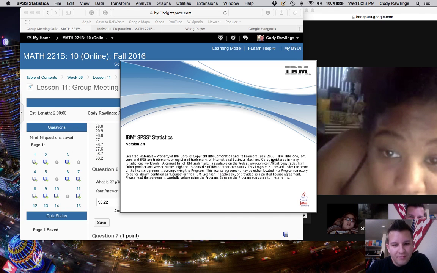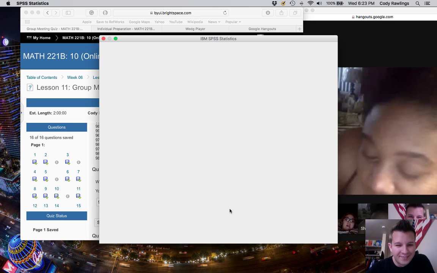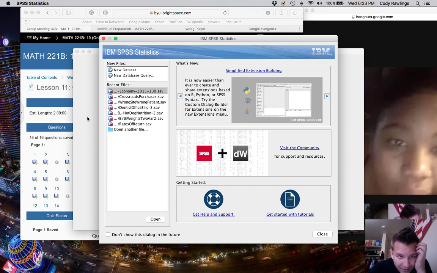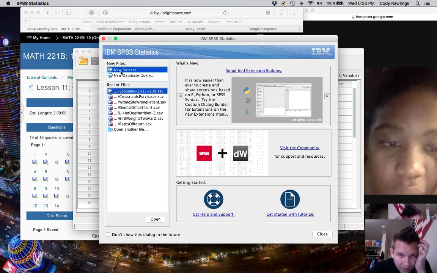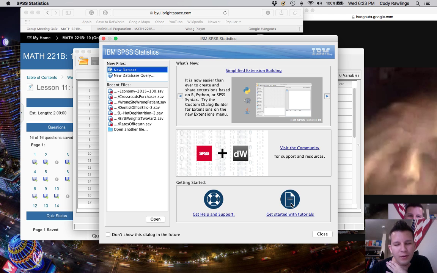Same here. I'm looking at the thing that says IBM. Malia, will your SPSS work? Would it let you copy and paste? It won't let me copy and paste.